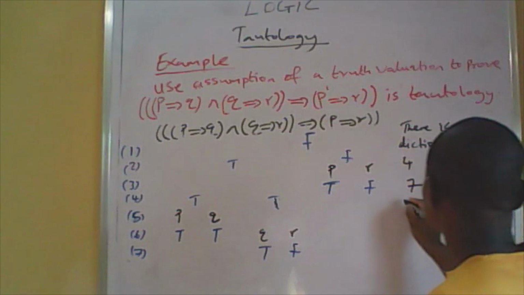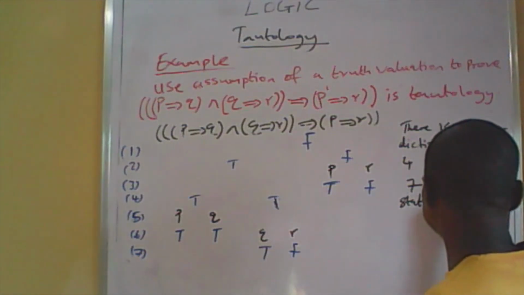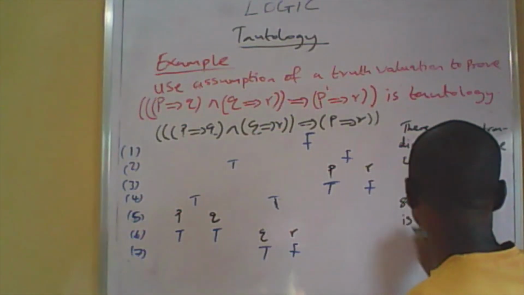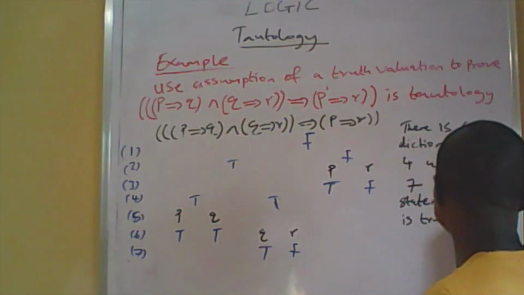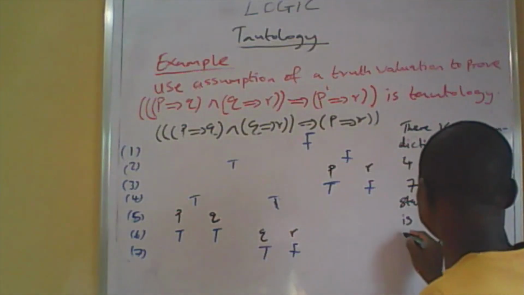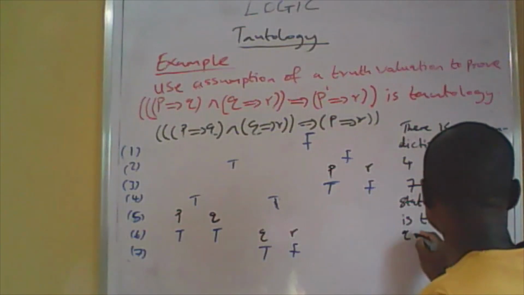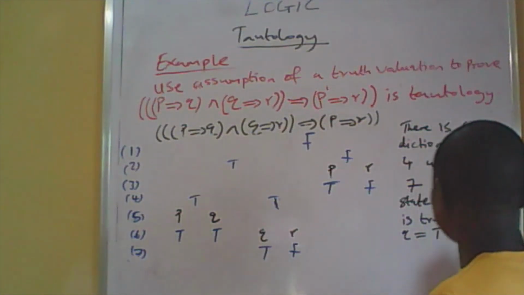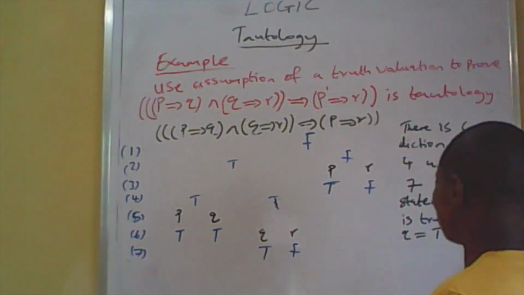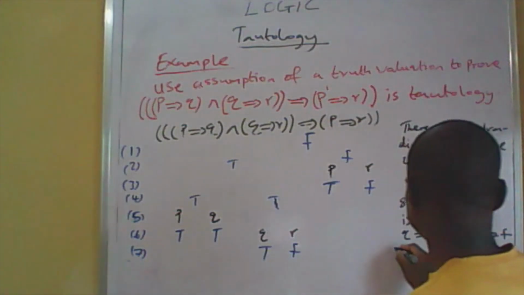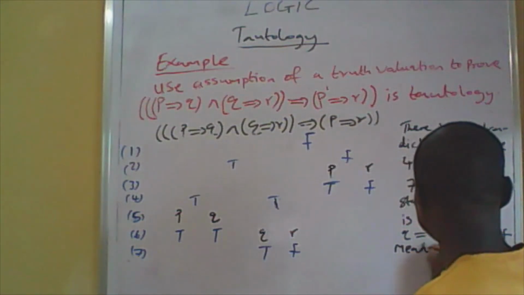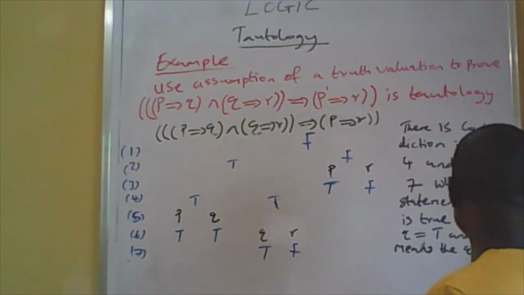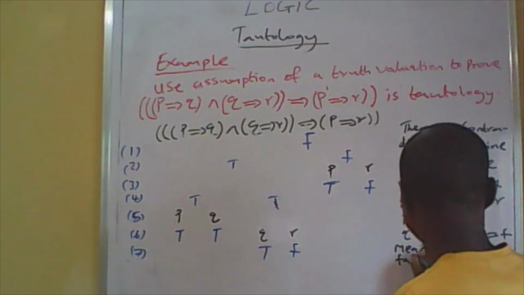where the statement Q implies R is true, but Q is equal to T and R is equal to F. Means Q implies R is false.